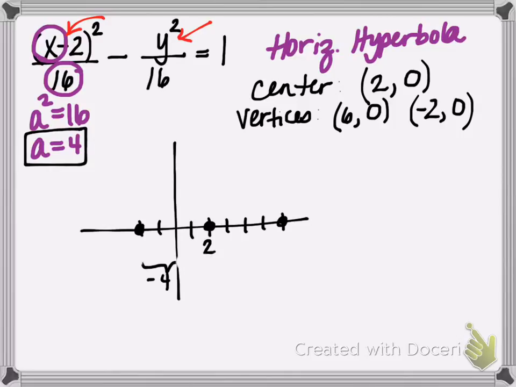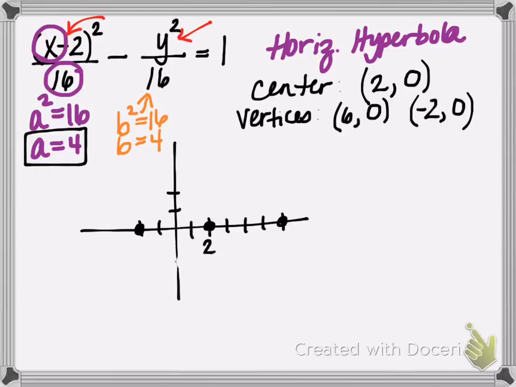Alright, so now to graph the rest of the hyperbola, we want to graph the asymptotes. And remember, this is where we're going to use our b value. So by process of elimination, the other denominator is my b squared. So b squared is equal to 16, so b is equal to 4. So now this is the distance that I'm going to be traveling from the center up and down.